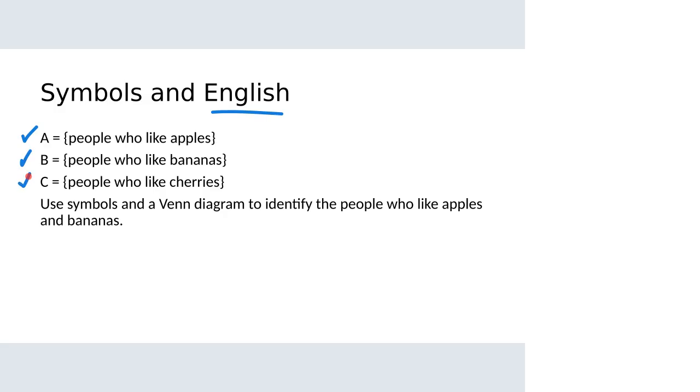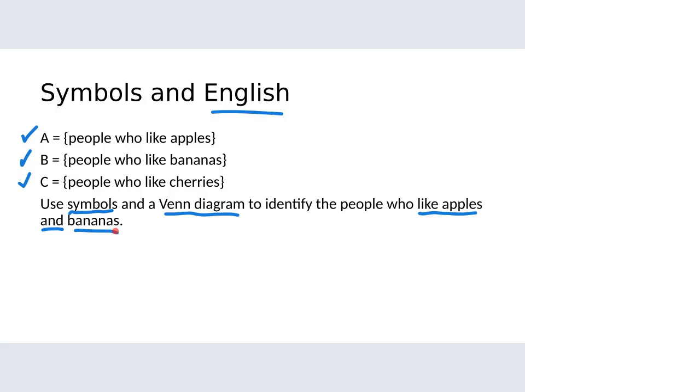And set C is people who like cherries. What we're supposed to do here is use symbols, which is A, B, C, intersect, union, complement, and a Venn diagram to identify the people who like apples and bananas. So we want the people who like apples and bananas.